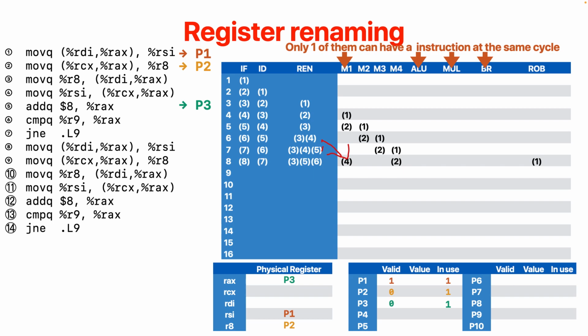So in this way, both 4 and 5 are available at this time. However, because 4 comes before 5, according to the rule, I have to let 4 go first, right? So that's why here we only have 4, but not 5. But keep in mind, 5 is actually ready, right?